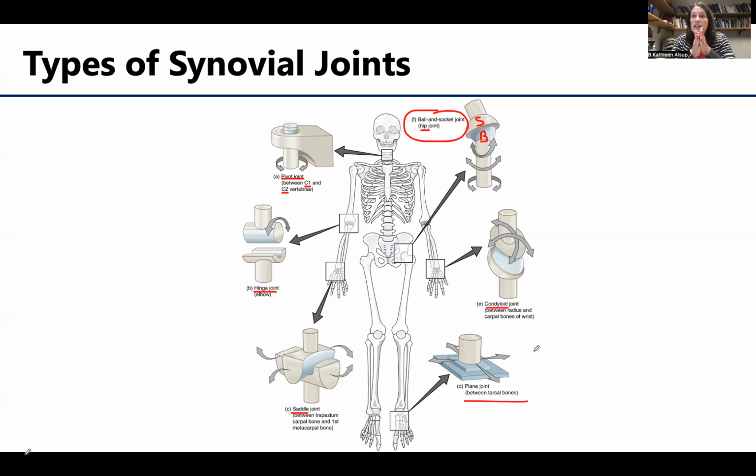So as mentioned, these are not huge movements, but that movement in those bones will allow, say, the shoulder joint to be able to move a bit more. And we'll talk about those specific examples of plane joints when we get to some of those more important ones. All right, excellent. So this isn't the first time you're going to hear these 6 types of synovial joints. When we talk about each one of the more complex or relevant synovial joints, we'll talk about which type of synovial joint it is as well.